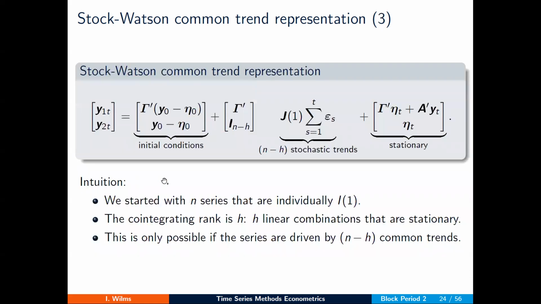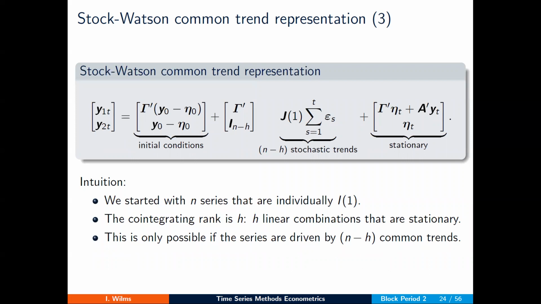Now, let us also pause here and have a closer look at this co-integration representation. I've recopied it here on the next slide. First, notice that I now have all the series in levels that pop up at the left-hand side of the equation. So this is already different from Phillips triangular representation.